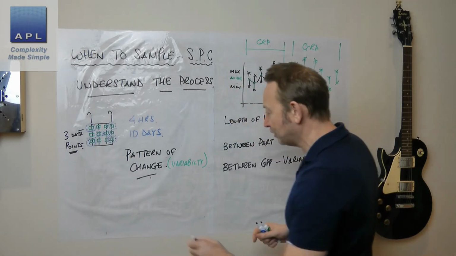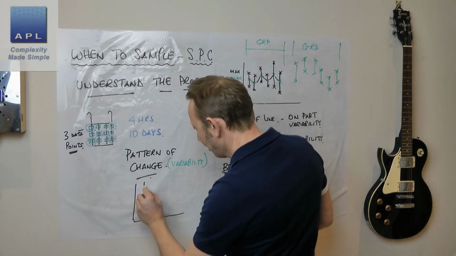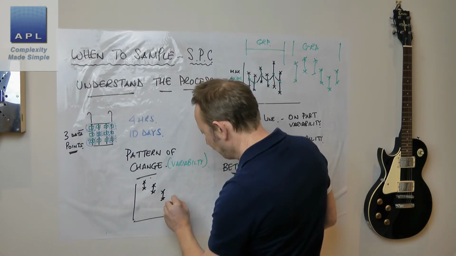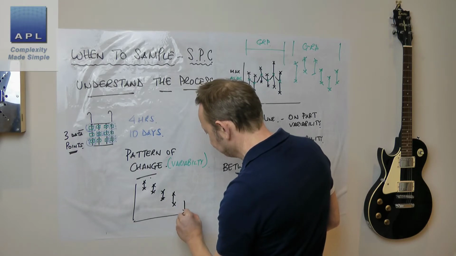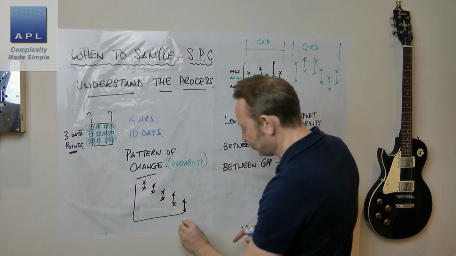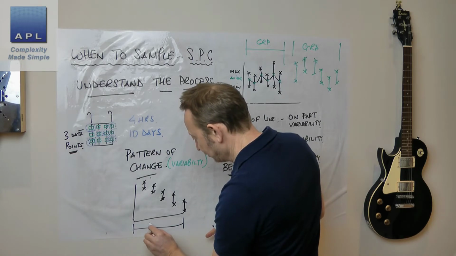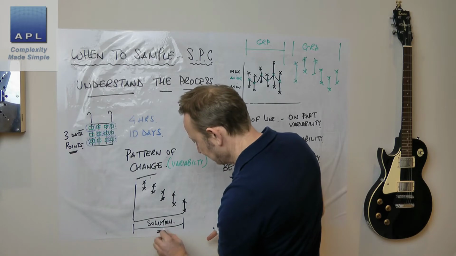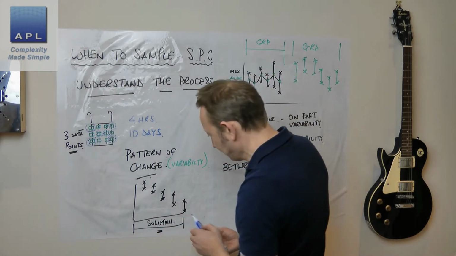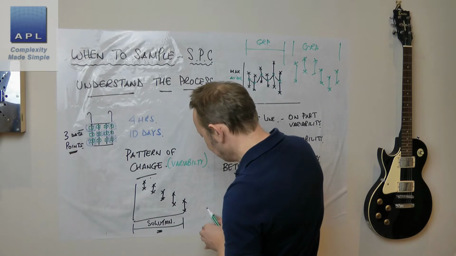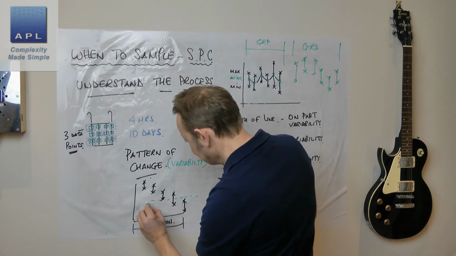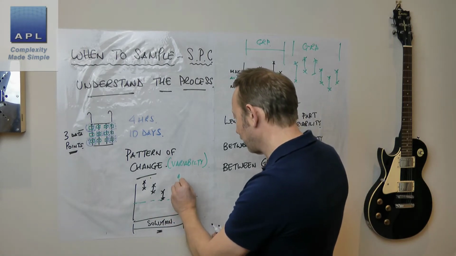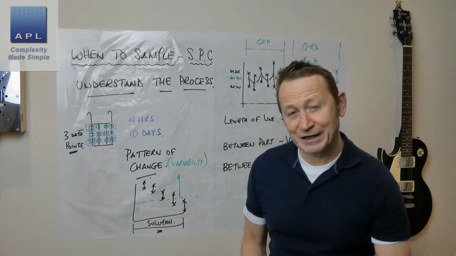So for example, if what we see is a gradual decline of plating thickness over time, and this period here is related to the plating solution, okay, and there's got to be a point where you say that's the tolerance. Once we get below a certain point, I'm going to need to refresh the solution, and I'm going to need to correct that pattern.